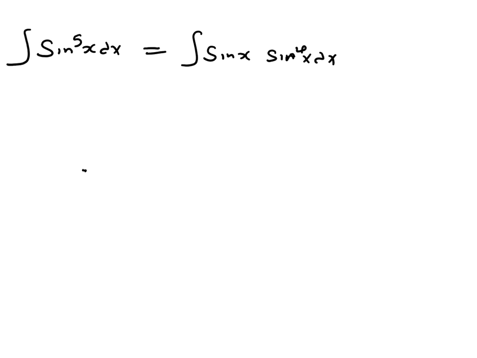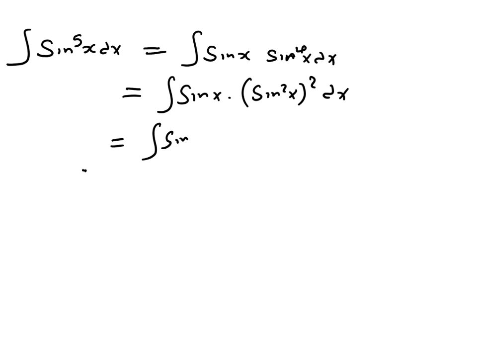But we know that this can be written as the integral of sine x times sine squared x, then squared, dx. This is the integral of sine x into 1 minus cos squared x, squared, dx.